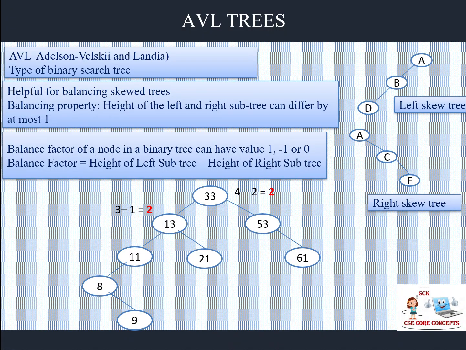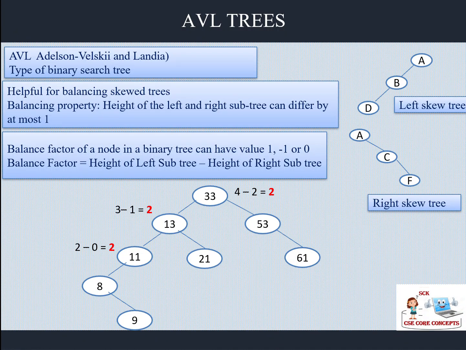Next, let us compute the balancing factor of the next left subtree. So the height of node 13 is what? 3 on the left hand side minus 1 on the right hand side. So 2. Again it is an imbalanced tree. For 11, the left subtree height is 2. There is no node on the right hand side. So it is 0.